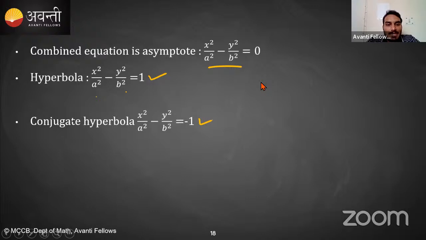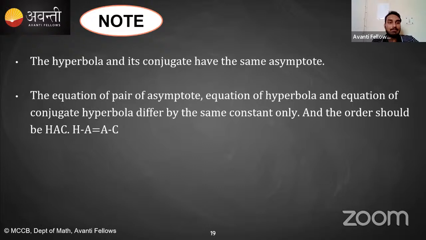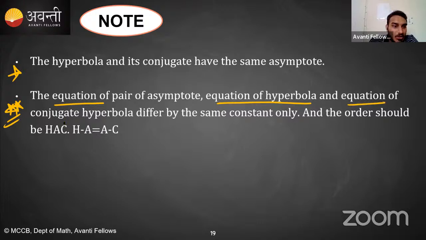So on the basis of that, there is a small but very important note: hyperbola and its conjugate have the same asymptote. And the second note is very, very important. Okay, second note क्या बोल रहा है? That the equation of the pair of asymptote, equation of the hyperbola, equation of the conjugate hyperbola differ by constant only.